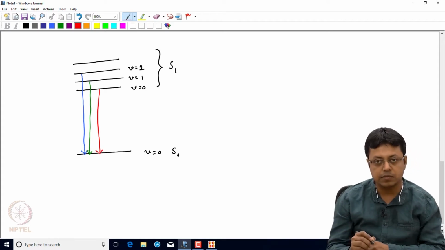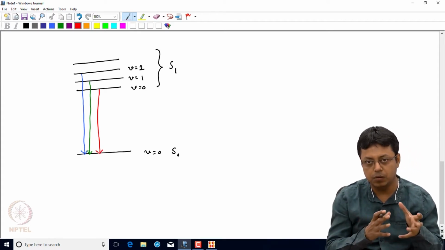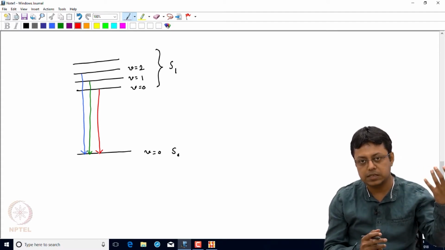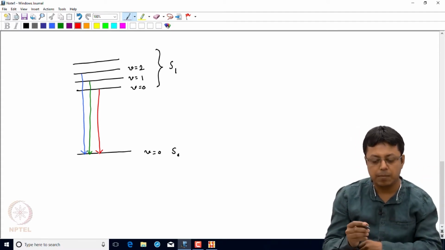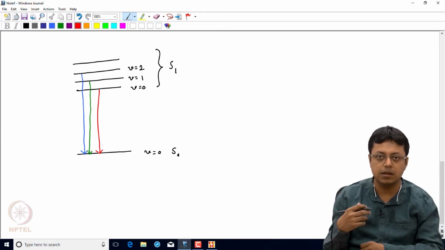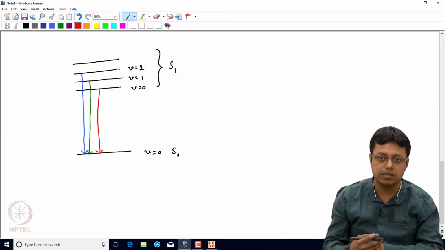As I have shown here, there will of course be a blue region of the fluorescence, where we see the fluorescence coming from the higher excited levels, but that will be much weaker fluorescence, because in general Kasha's rule holds: it says that emission comes from the V equal to 0 state, and still predominantly the fluorescence originates from the V equal to 0 state in the excited electronic state.